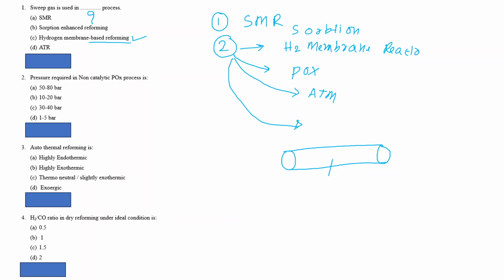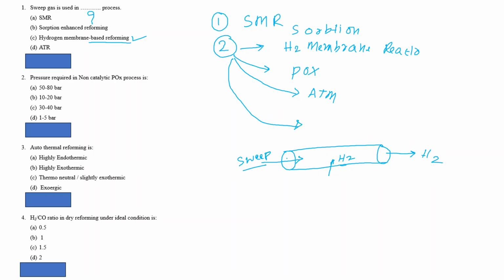Suppose this is the membrane, and the hydrogen gas is coming inside the membrane and going outside. This is the hydrogen gas out. This is the sweep gas. Why the sweep gas? It creates a pressure difference. Exactly.